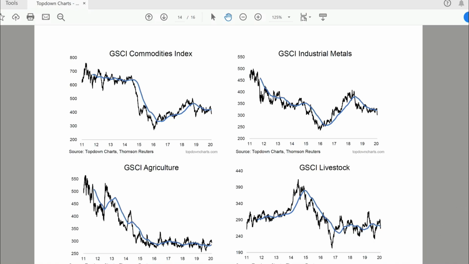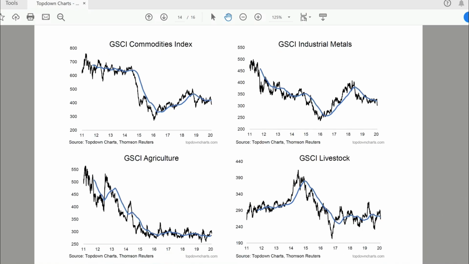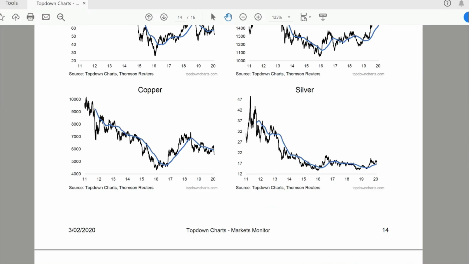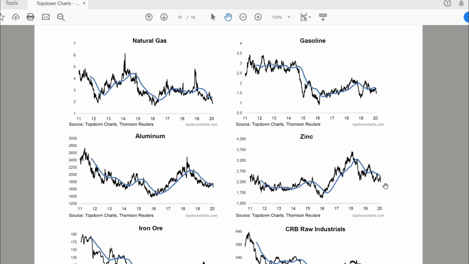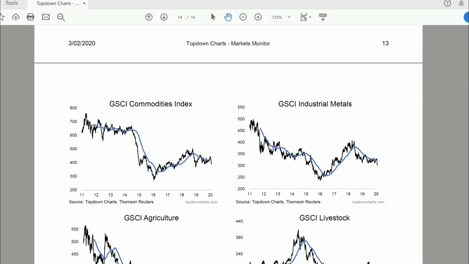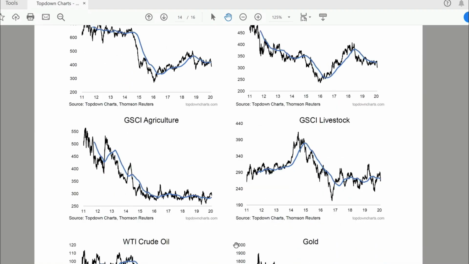One thing I would note is that copper hasn't broken down yet, still at support there. Similarly, zinc hasn't broken down yet. And same thing with aluminum, or aluminium, depending how you like to call it. Hasn't broken down either. But anyway, back to the describing of this.